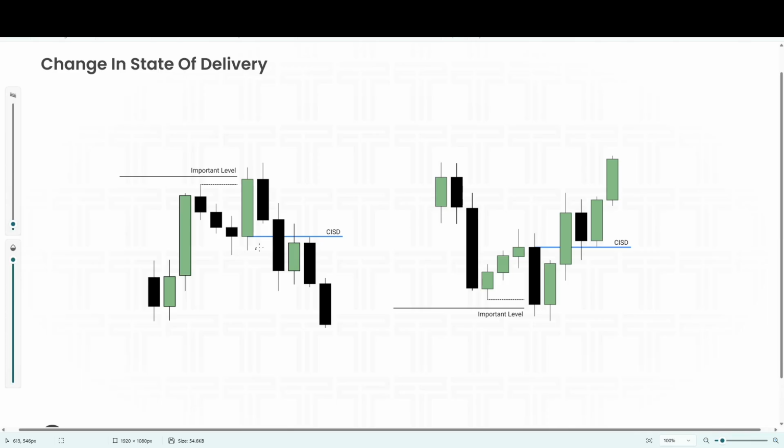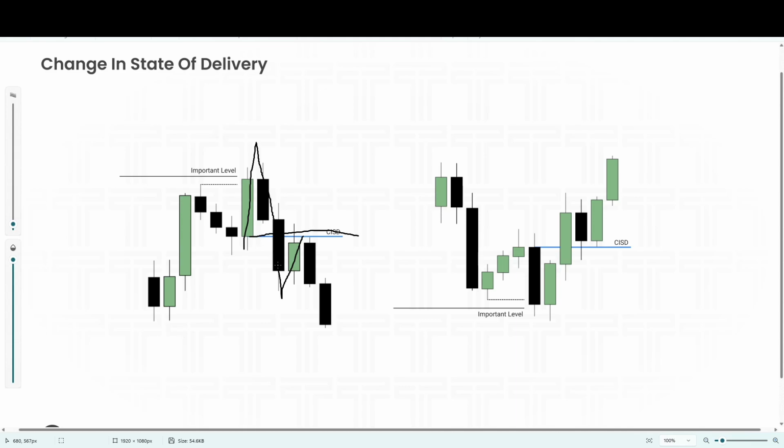So now, CISD is traditionally taught like this. Price touches an important level, could be FVGs, IFVGs, order blocks, or a pool of liquidity, and then makes this sharp V-shape reversal. Then it goes back and retests this line that you draw here.